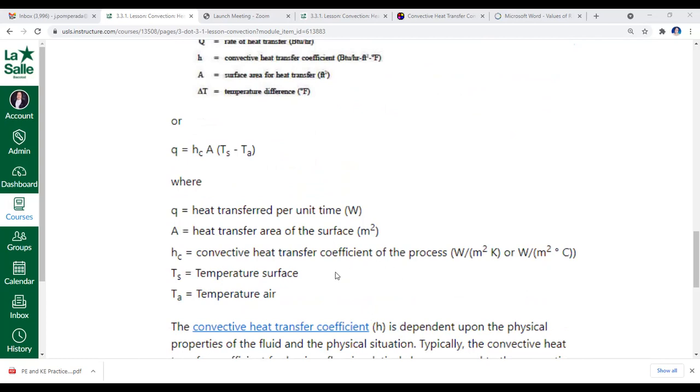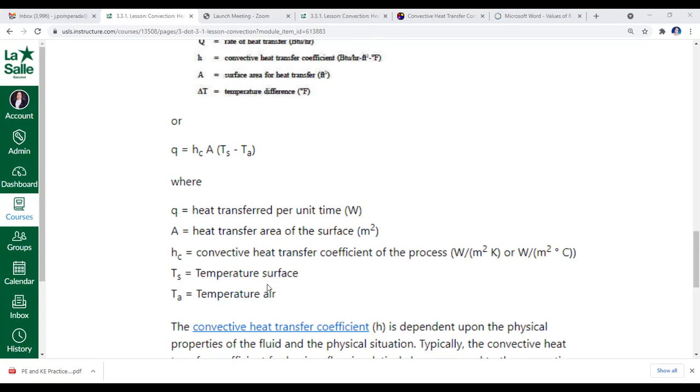Now notice, class, that your h sub c is different in set of units than that of the thermal conductivity constant, because in this case you have the heat flux, the rate expressed per unit area, and then you have it also measured per unit temperature, absolute temperature, which is in Kelvin. So this is your set of units for the convective heat transfer coefficient.